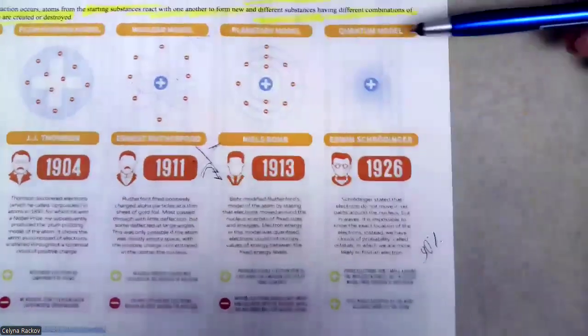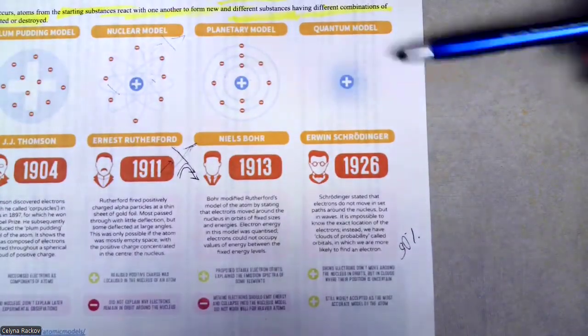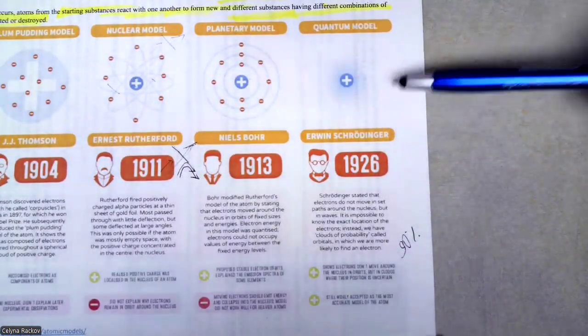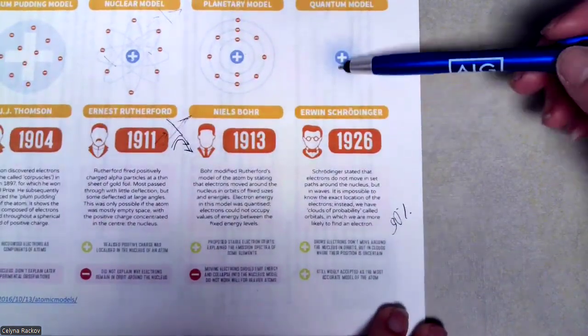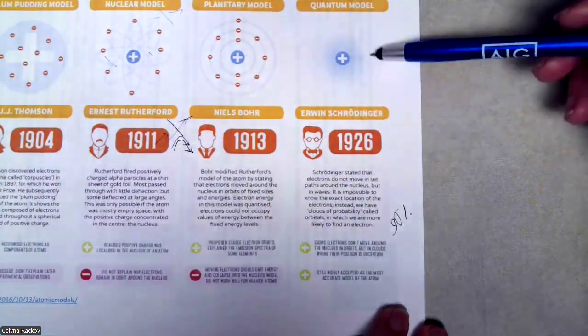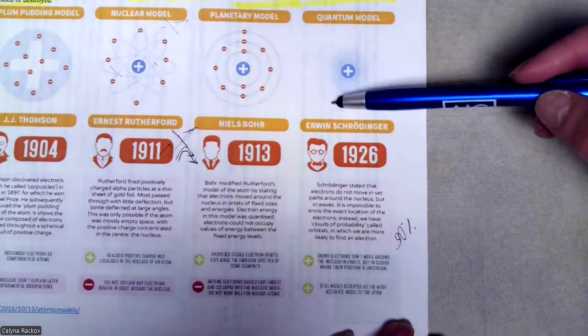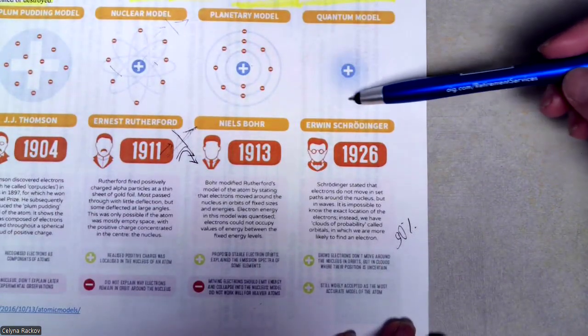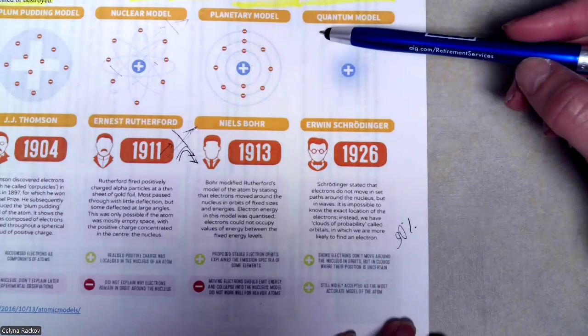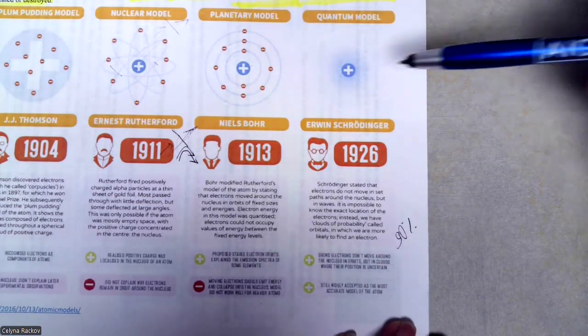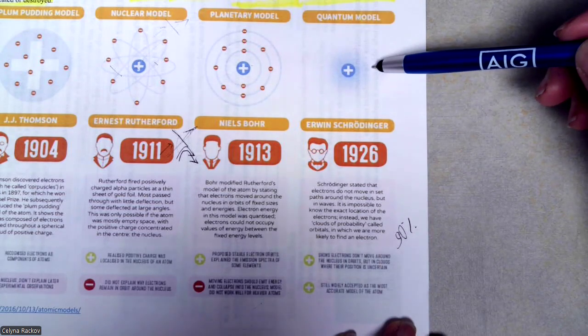Right, so the last accepted model, the one we are using today, is the quantum model. The scientists state that electrons do not move in orbits around the nucleus, but in waves. And it's impossible to know the exact location of the electrons.